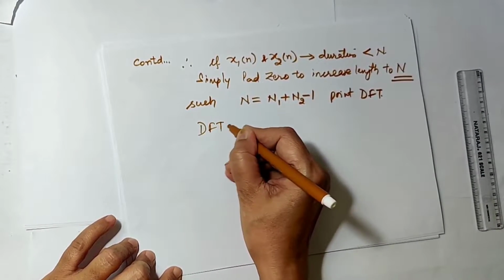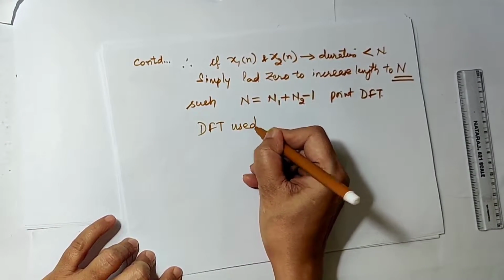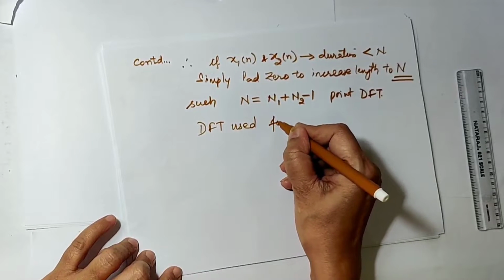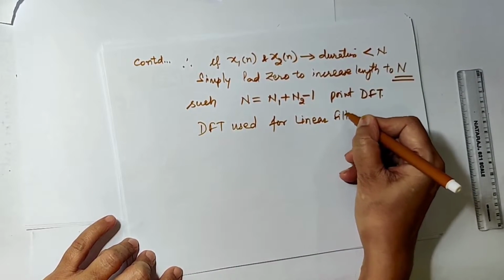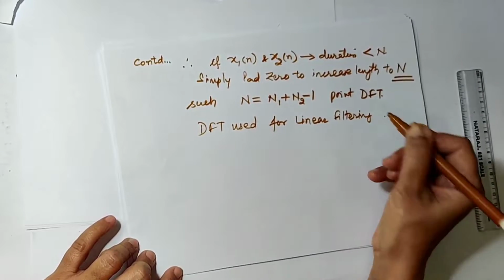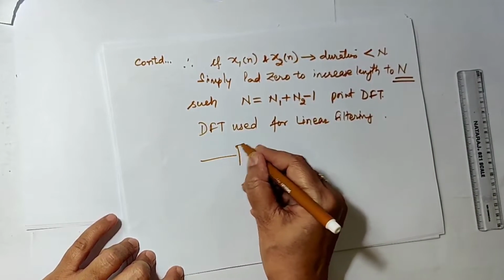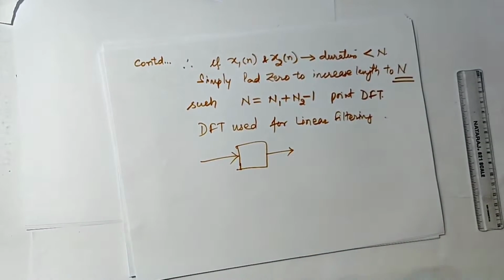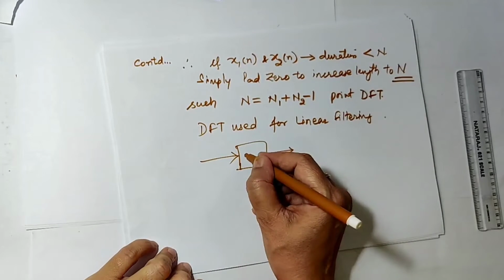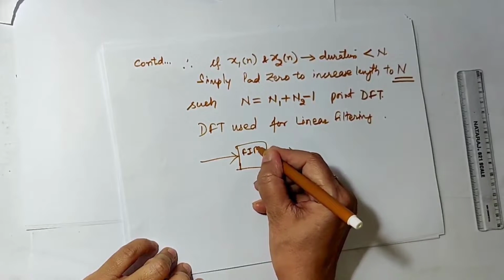So for that, this DFT is usable for linear filtering. What is linear filtering? Linear filtering means the system should belong to either FIR or IIR.